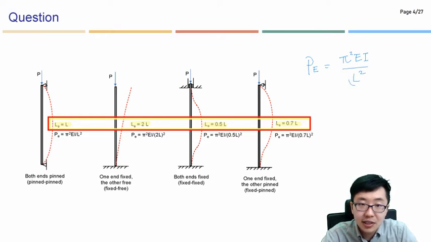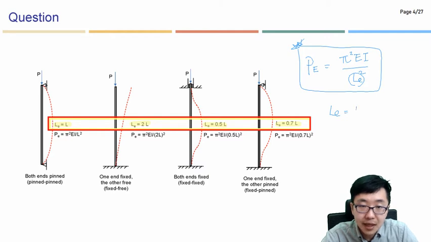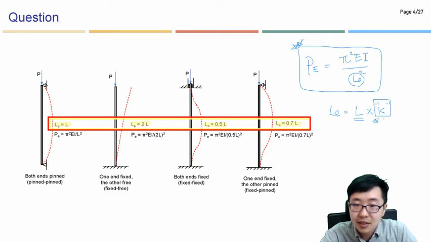And actually this L should be converted to LE, which means that the effective length should be placed here. But please note, this LE is the original length L times K.